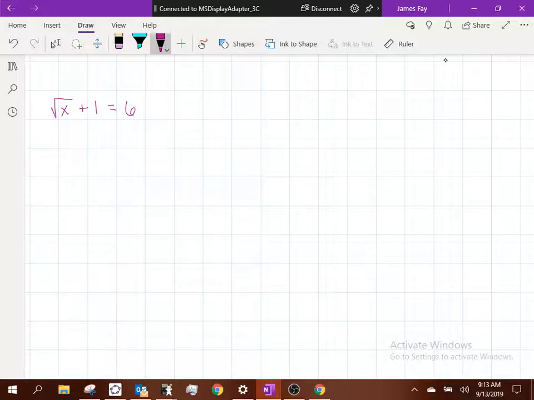Okay, now, people that make that mistake are generally of the mindset that when I square the left-hand side, I'm going to get x plus 1. Okay? But if I really pay attention to what squaring a binomial means, it turns into this. Doesn't it?